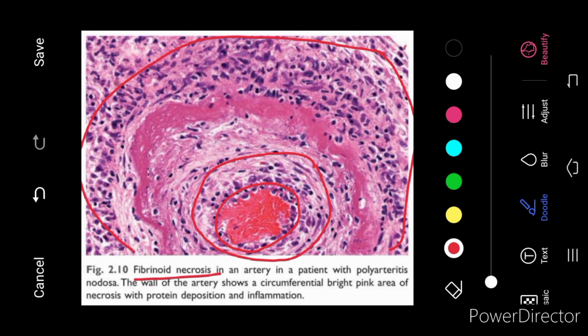So here in media we can see two things: the pink colored ribbon-like material, this is fibrinoid deposition, that is fibrinoid necrosis, and you can see the inflammation. That is, all inflammatory cells are present here. So this was all about fibrinoid necrosis.